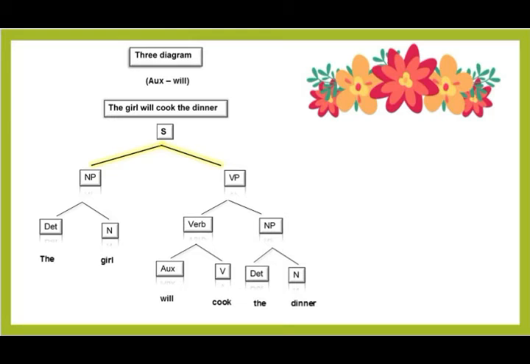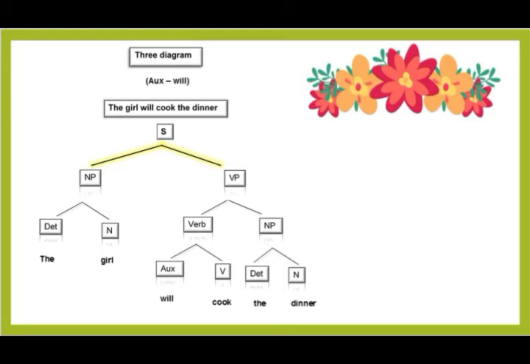So the rest of the sentence is a verb phrase. Why? Because at the beginning of the sentence we have a verb, right? We have "will" in this case as the auxiliary verb, and the main verb, which is "cook."